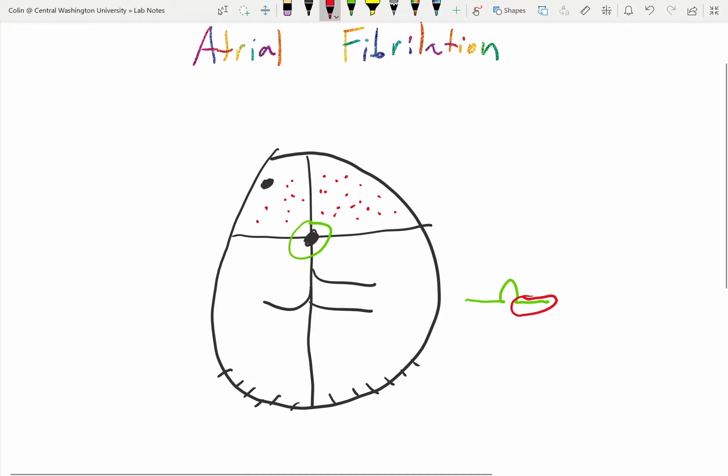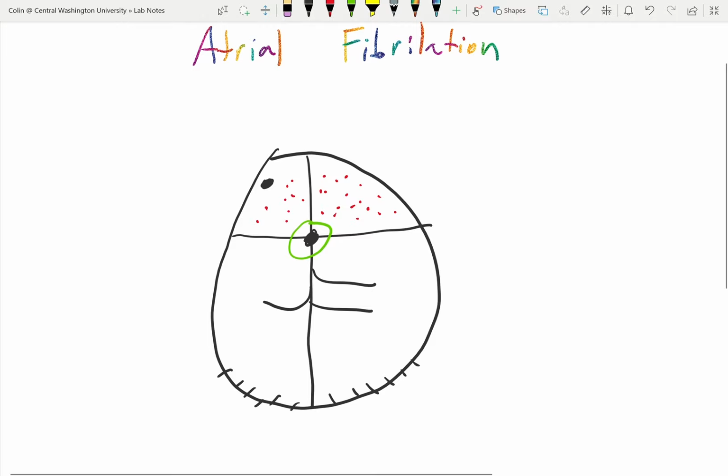So the AV node, what it does is it's receiving all of these signals, all the little red signals and the SA node signal. It's receiving all of them. And it doesn't let all of them through, but it'll let some through. And it lets them through at just random times, which means the ventricles beat at random times, which means when you're feeling that patient's pulse and it's irregular, you're feeling the random beats that the AV node is choosing to let through, which makes it irregularly irregular.